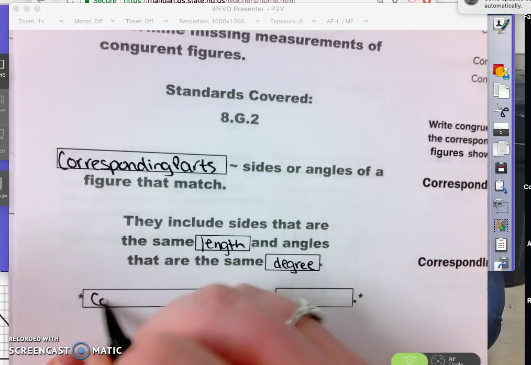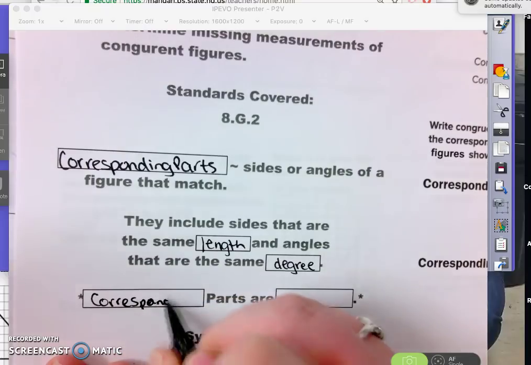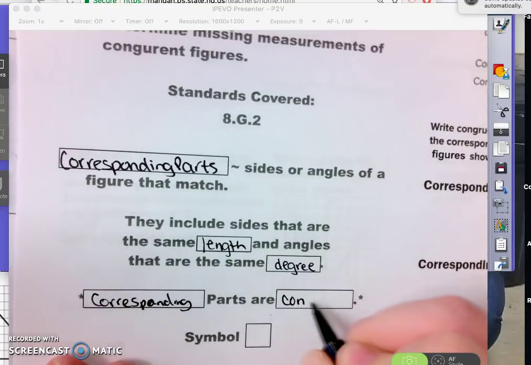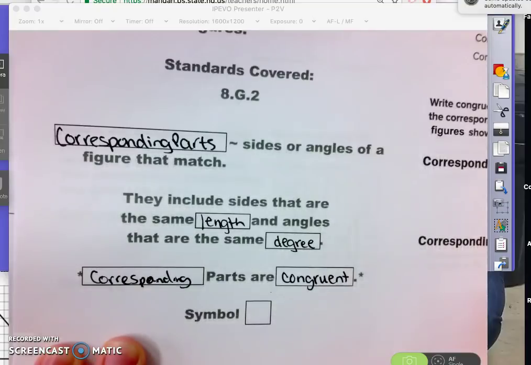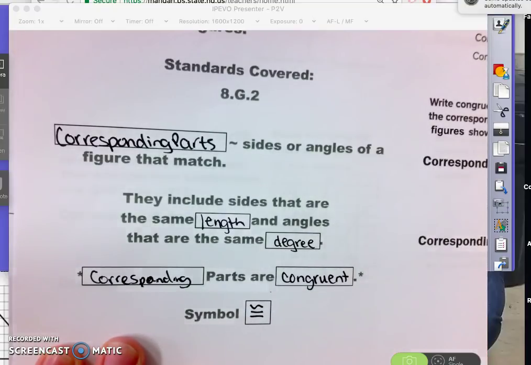And corresponding parts again are congruent. And the congruent symbol is what I like to call, looks like bacon. So it has a squiggly line and then almost an equal sign.